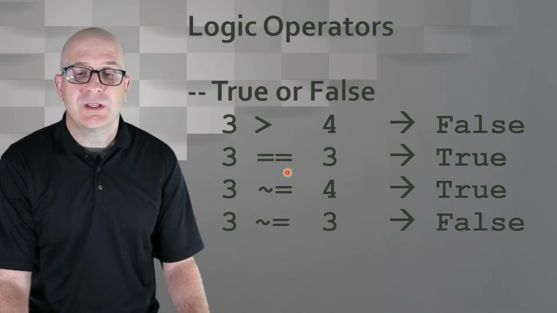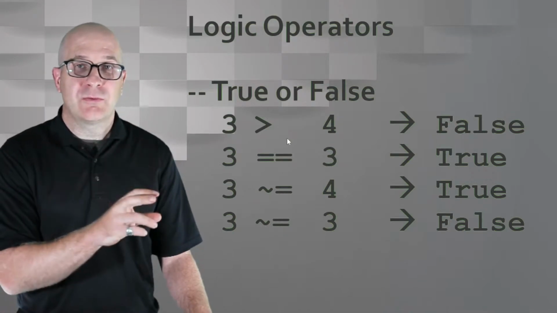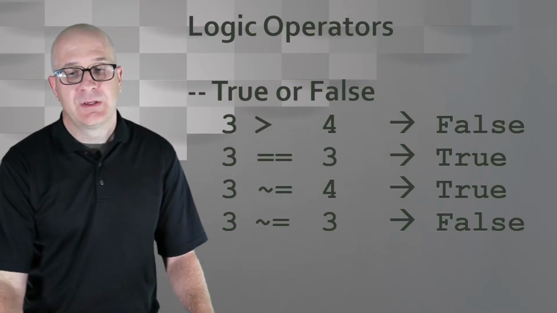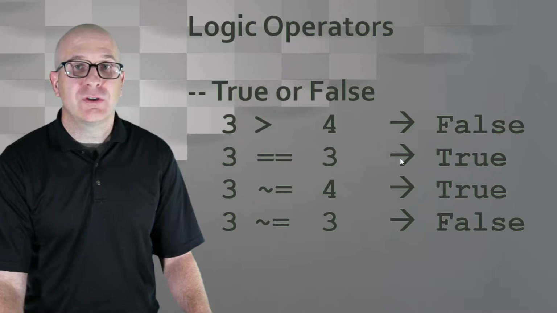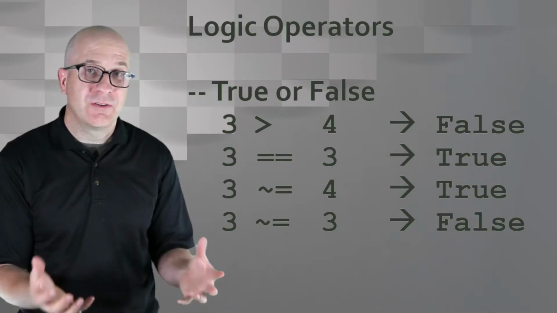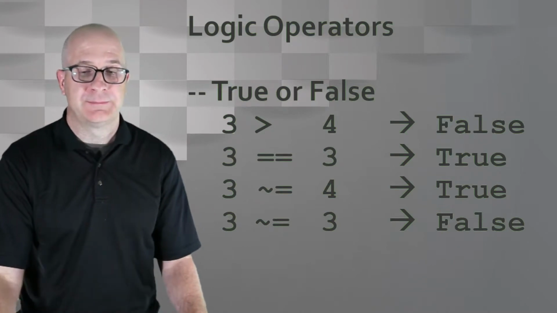This equal sign in MATLAB basically says, is 3 equal to 3? This is true, and therefore MATLAB will output for this operation a value of 1.